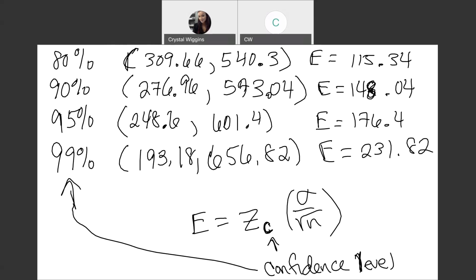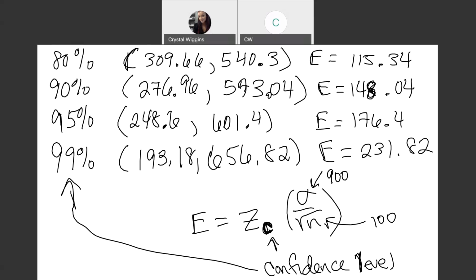So since our standard deviation for the population stayed at 900 and our sample size n stayed at 100, the standard error had no effect. It did not change from 80% confidence level to 99% confidence level. The only thing that was changing was the confidence level, which affects this critical value.